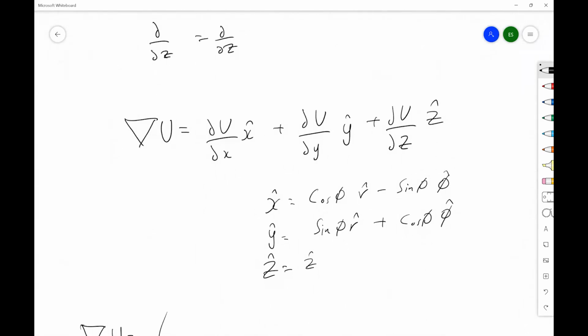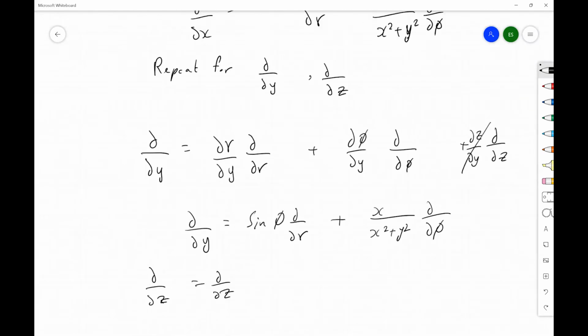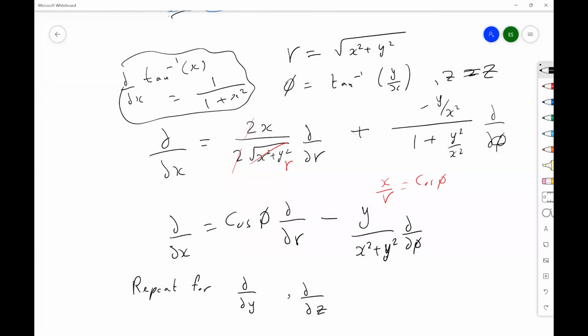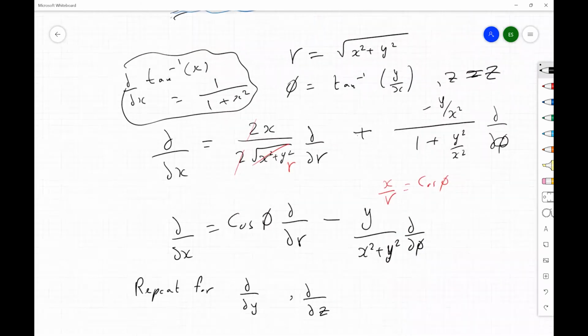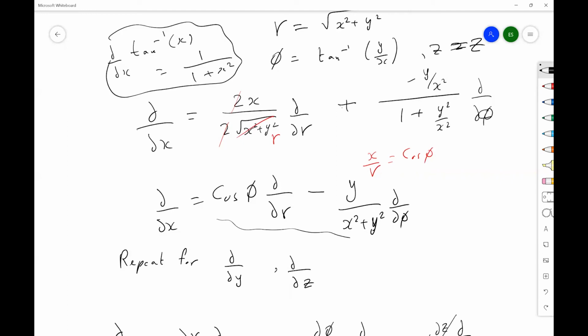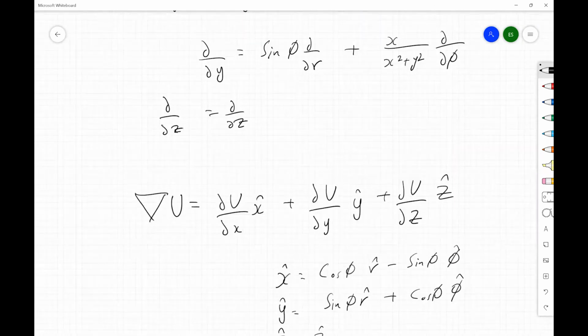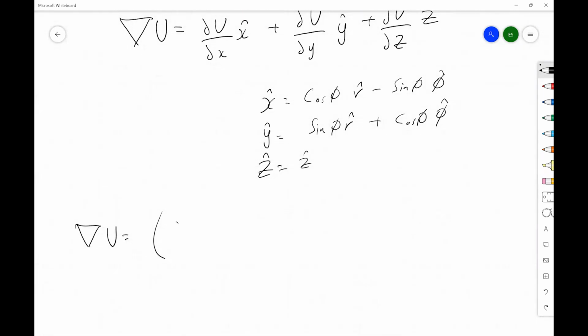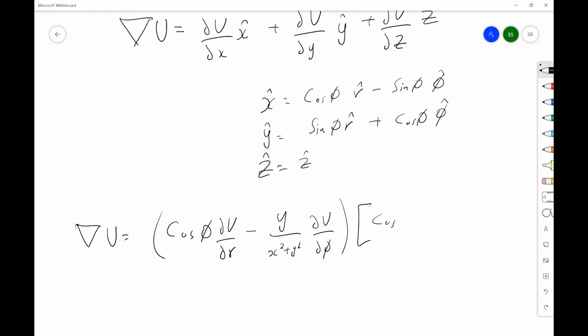I'm going to start with delta u over delta x. What's delta u over delta x? We already figured it out here, right? It's this, right? So this is going to be cosine phi delta u over delta r minus y over x squared plus y squared delta u over delta phi times, instead of x hat, I'm going to put in cosine phi r hat minus sine phi phi hat.